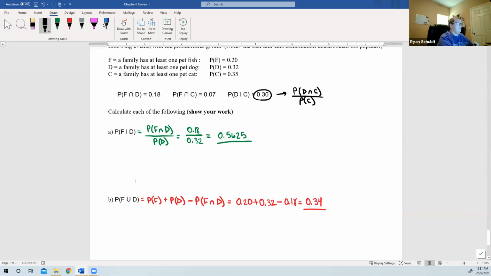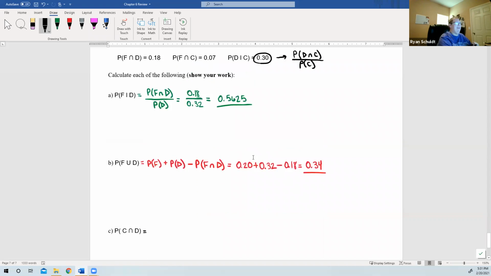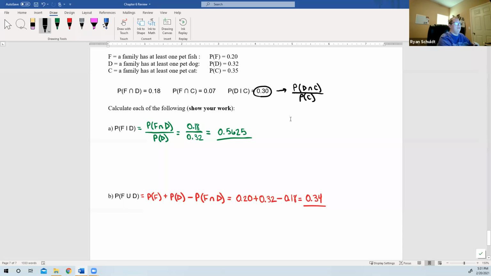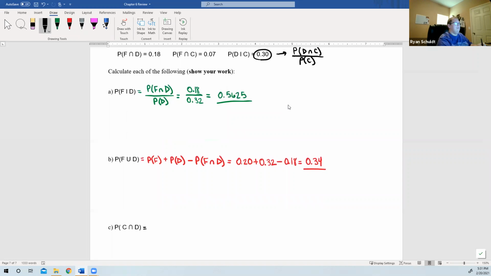What's this asking for? Probability of cat and dog. So what we can do is say, oh, wait a minute. Probability of cat and dog. That's the probability of a dog given a cat times the probability of a cat. Now we have the pieces to solve it, because this is going to be 0.30.